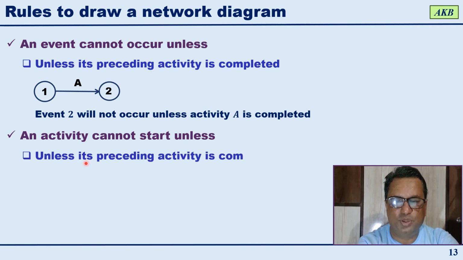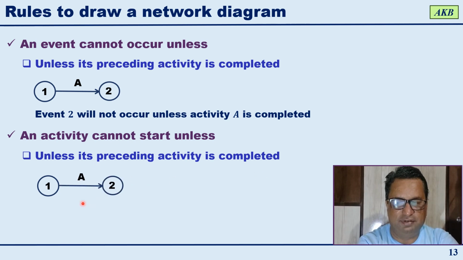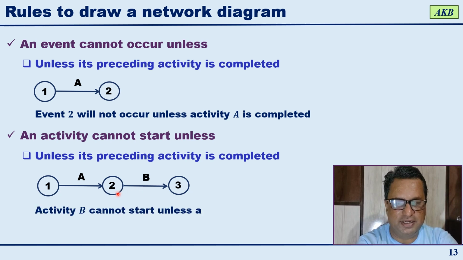The next rule is an activity cannot start unless its preceding activity is completed. Again, it is very simple to understand. You have activity A, with its start event and end event. Then activity B starts at event 2 and ends at event 3.